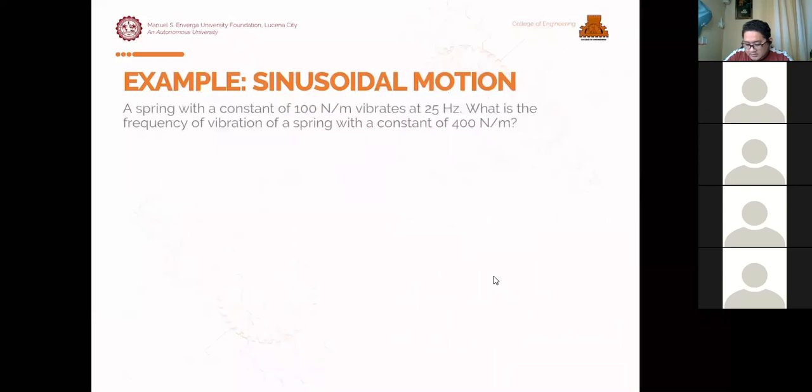Okay, so yung question again, meron tayong 100 Newton per meter na spring constant, nag-vibrate daw siya ng frequency na 25 Hz. So, anong nangyari? Nag-times 4 yung spring constant natin. So, pinapahanap is ano yung magiging vibration niya after natin i-gawing times 4 yung spring constant natin.